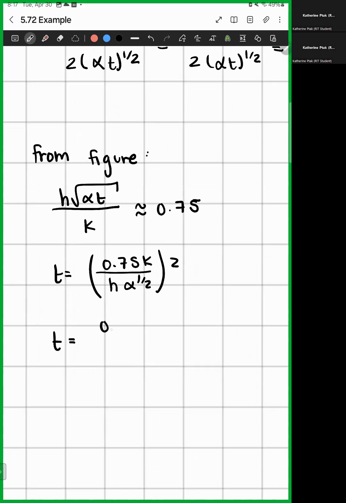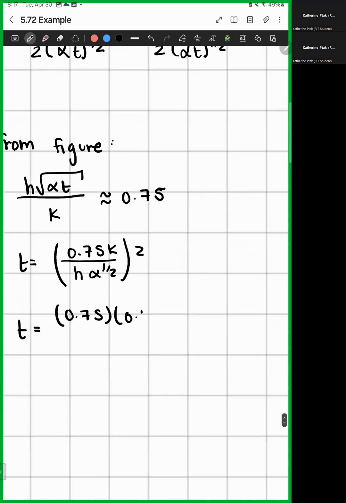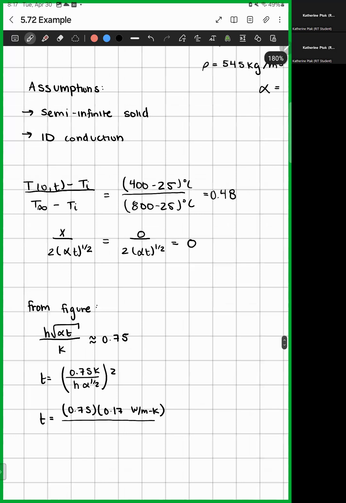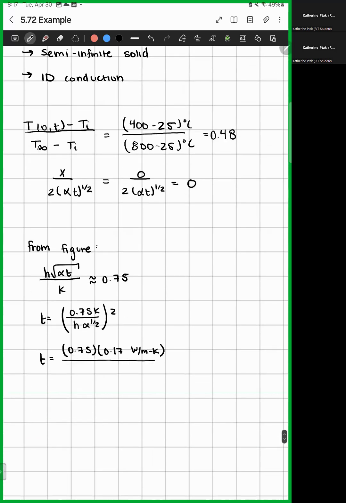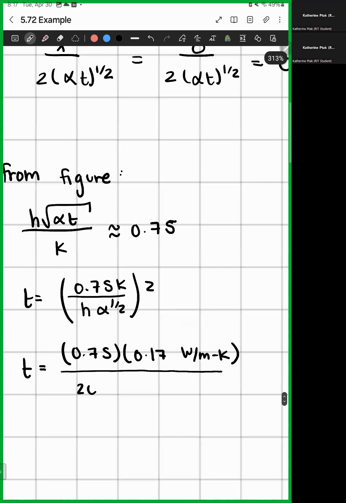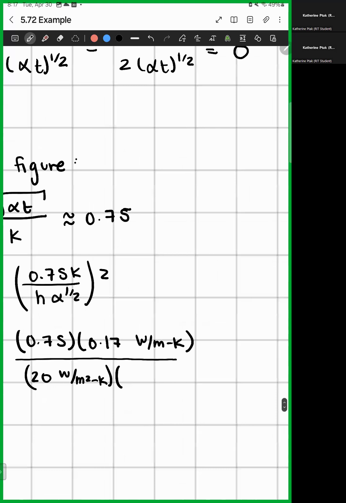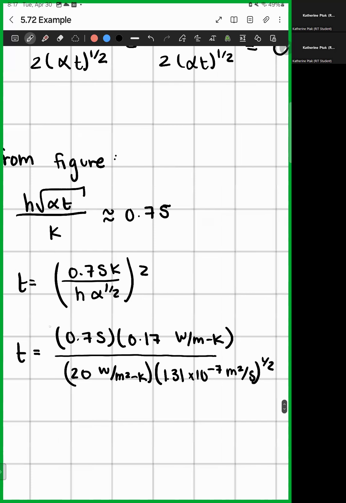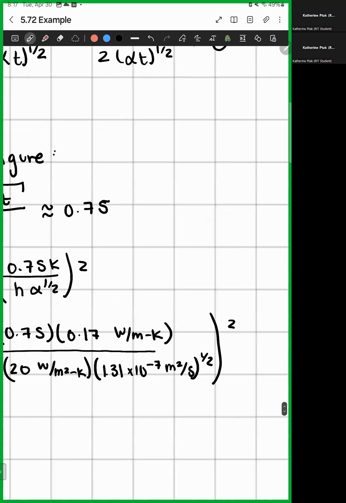That equals 0.75 times the thermal conductivity we found before from the properties, watts per meter Kelvin, all over h, which was one of the givens, 20 watts per meter squared Kelvin, and then 1.31 times 10 to the negative 7th, all to the 1/2, and then all of this is squared.